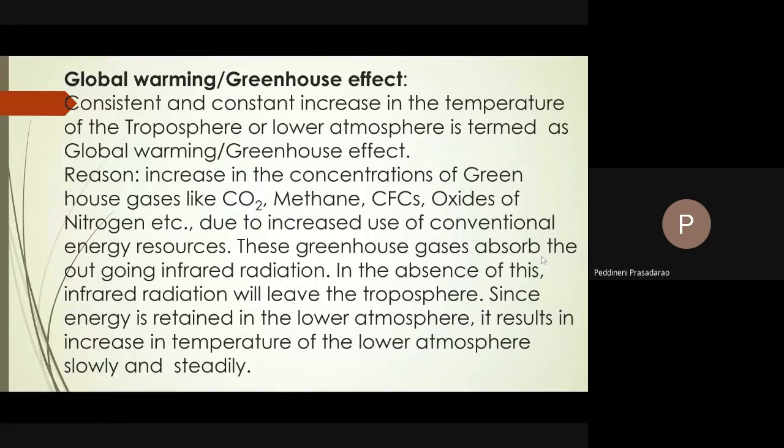But because this lower atmosphere is stationing a lot of greenhouse gases like carbon dioxide, methane, CFCs, oxides of nitrogen, SF6, and all these molecules have the specific property of absorbing infrared radiation, once radiation is absorbed, it increases the temperature of this region, and as a result we are seeing an increase in temperature.